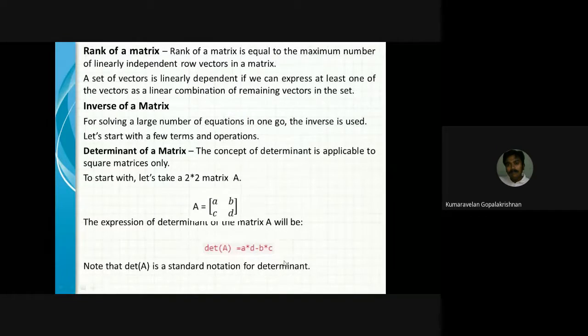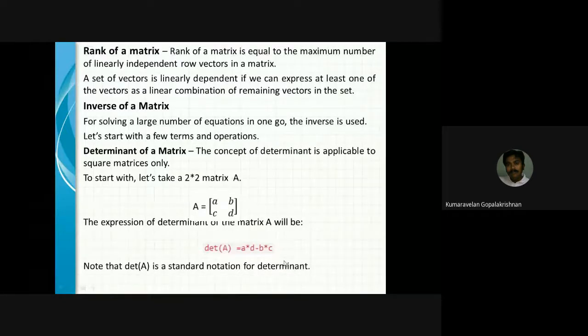Ultimately, whether it is a machine learning model or a deep learning model, we are given the weights and we have to find the optimal parameter. To find that particular parameter, the inverse operation plays a very vital role.